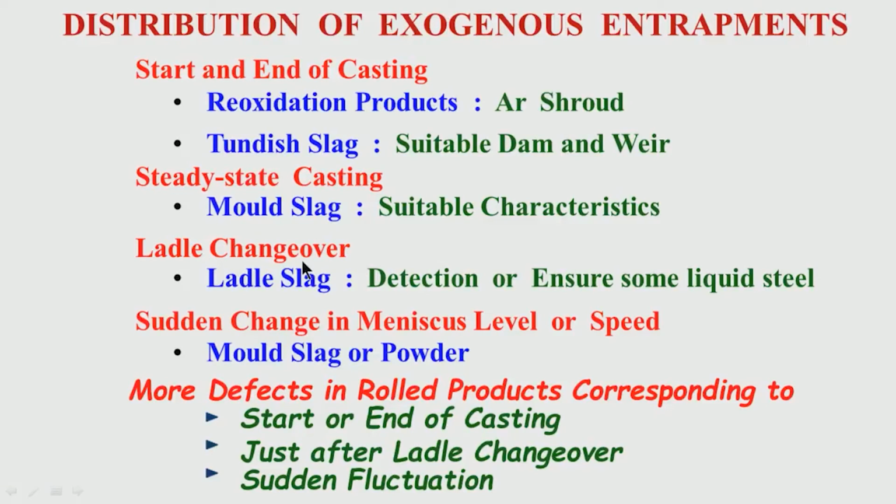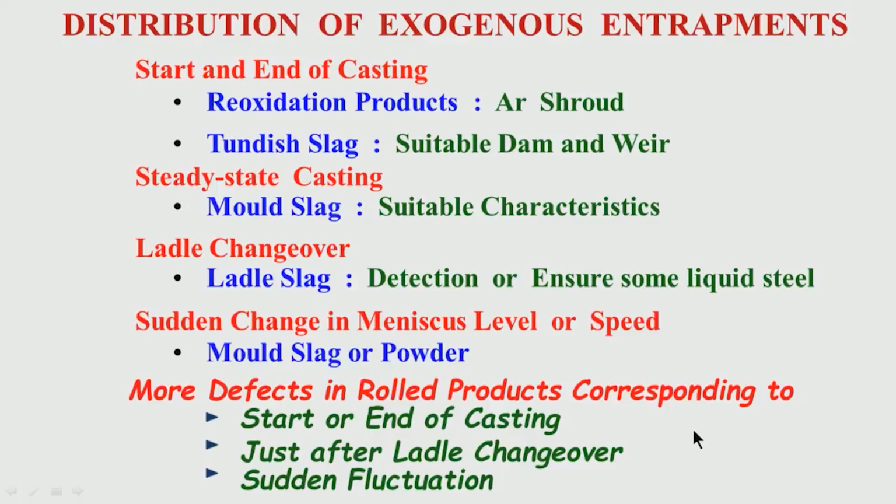Ladle changeover is again a non-steady situation, and you can get a sudden change in meniscus level or speed. So, whenever there is a non-steady state of casting, there is a possibility of more defects. This is with respect to the length of the cast product. At certain locations of the length you have more defects.